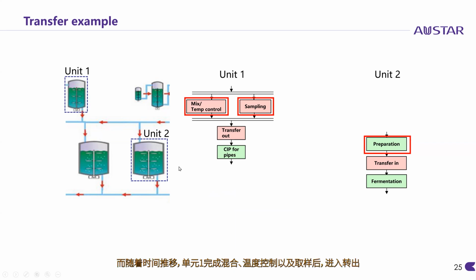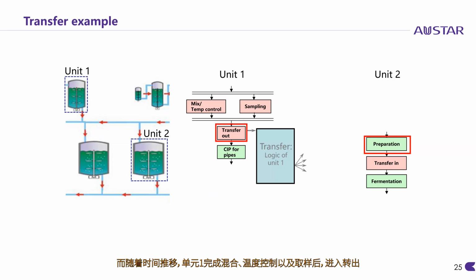So at some point in time, unit 1 will be done with the mix, temp control, and sampling, and move to transfer out. That is when this transfer logic of unit 1 will be activated, and it is looking out for a partner. It now needs a place to send its material to. While unit 2, it doesn't know who is its partner at this time.